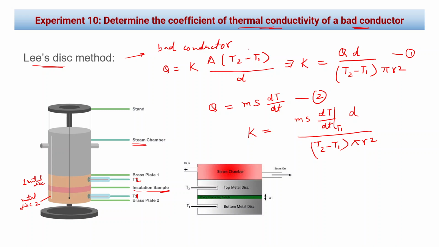From that we get this dθ by dt rate. So this is the working formula for this experiment, and from this we will be able to find out the coefficient of thermal conductivity for this bad conductor that we have taken. So this is Lee's disc method.